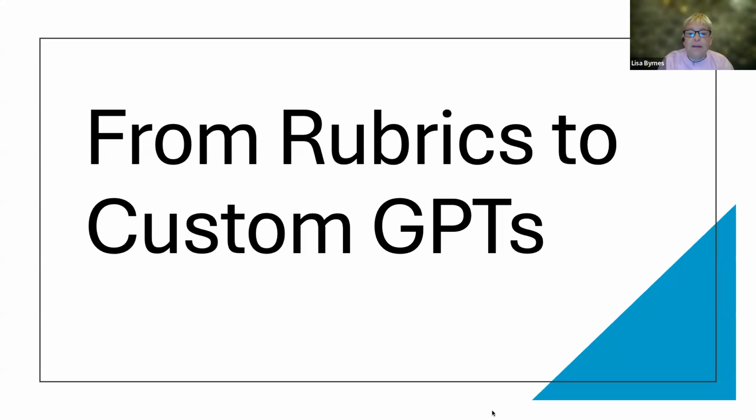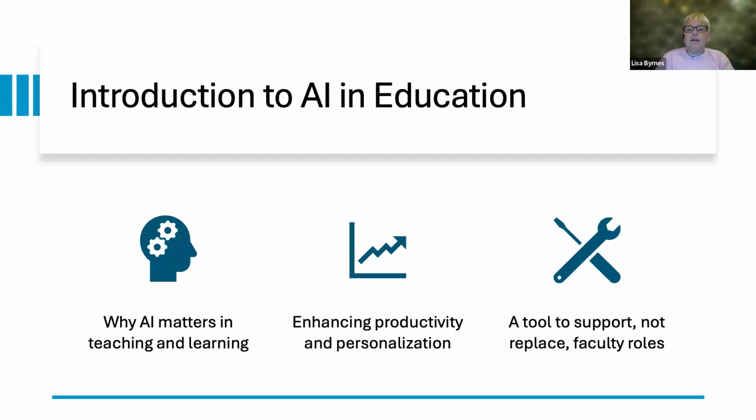A little bit of an introduction to AI in education. Let's begin and talk about why AI is so relevant to us as educators. The important thing is that AI is no longer futuristic.